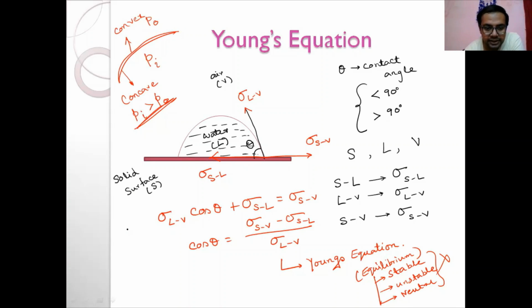So if the surface is a curved surface, it has two sides, one concave, one convex. The pressure in the concave side should be greater than the pressure of the convex side. So P1 must be greater than that.